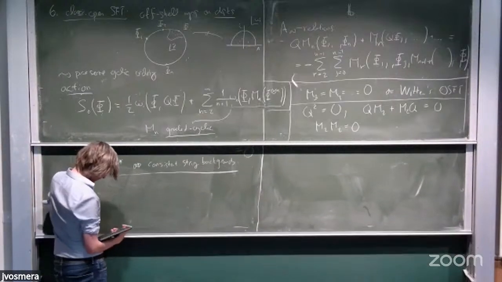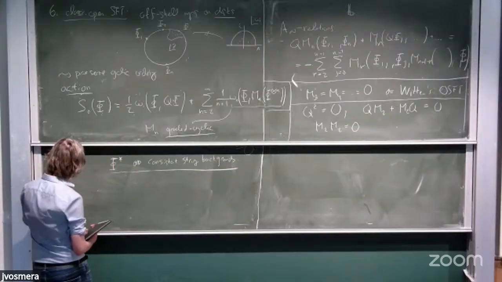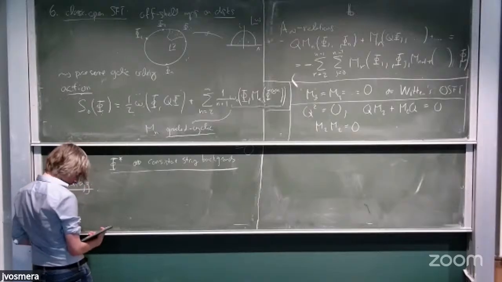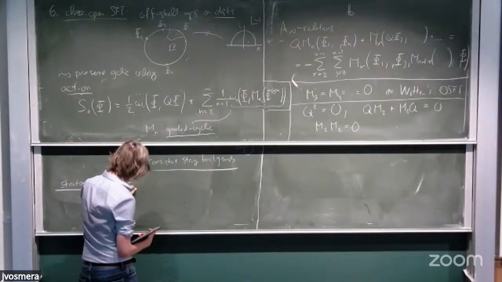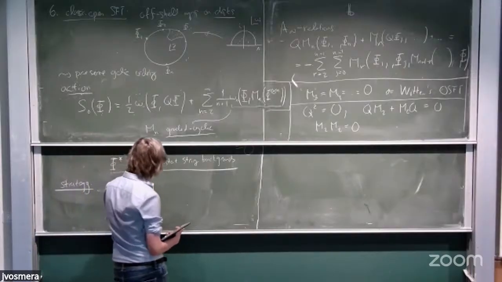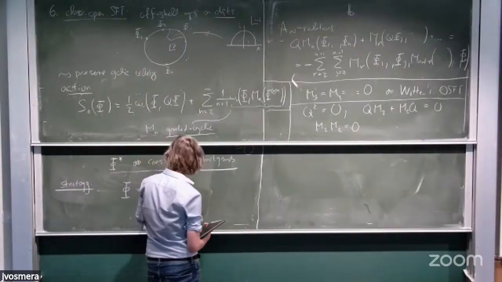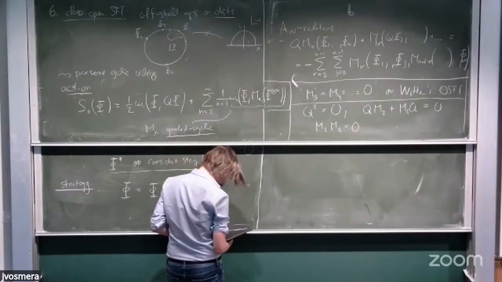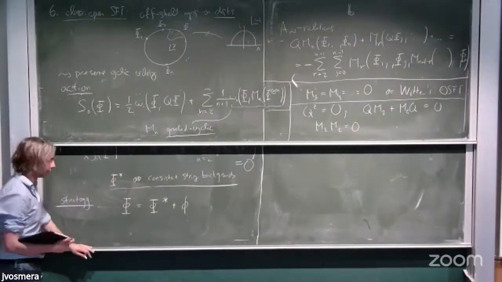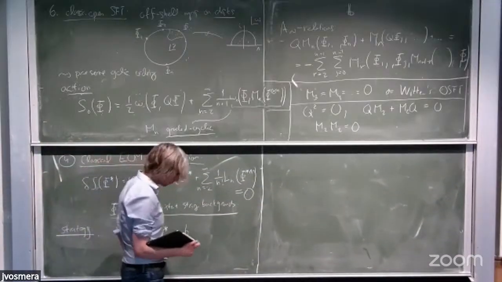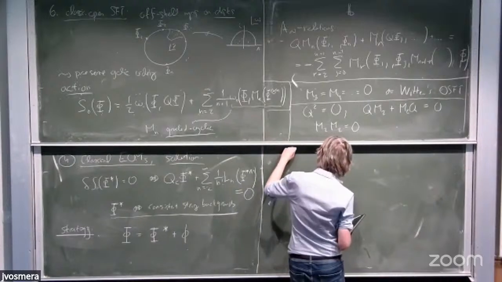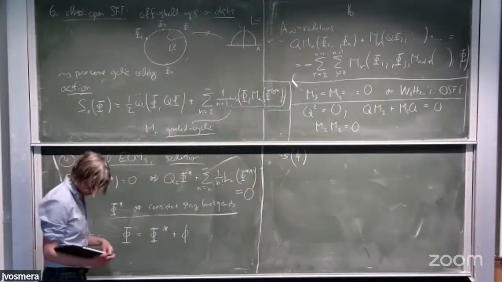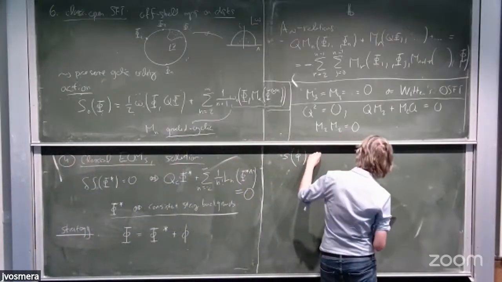So let's see if we can get this. The strategy now is to take the original string field capital Phi and expand it in small fluctuations around this classical field configuration phi star, and substitute this expanded string field into the original action. That defines a new action for this fluctuation lowercase phi, which I will call S tilde.